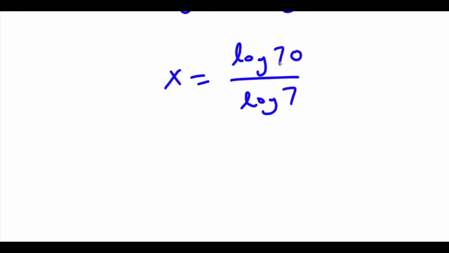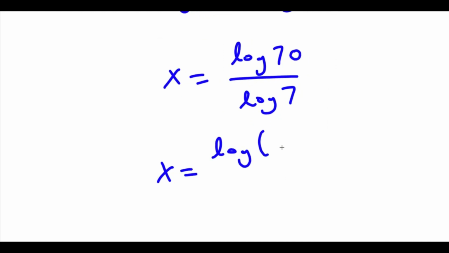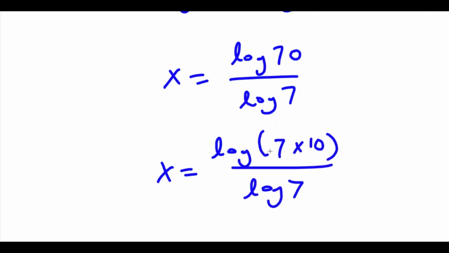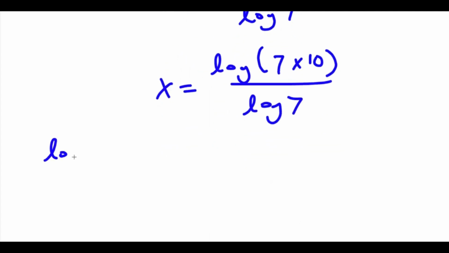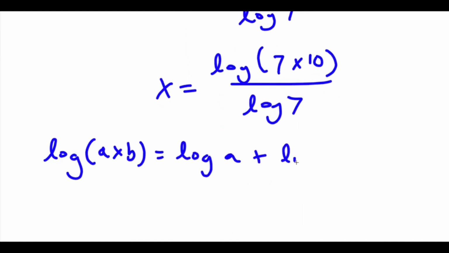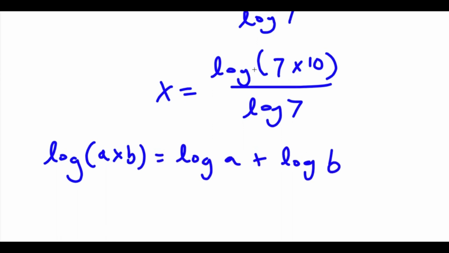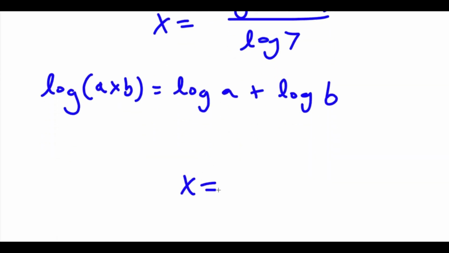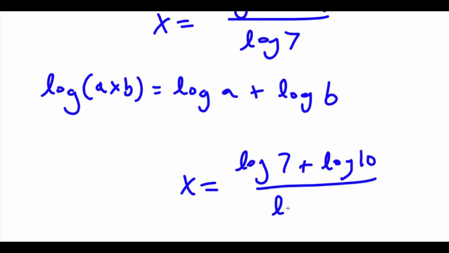Now log 70, this is the same thing as log 7 times 10. And now if I have something in the form log a times b, this is equal to log a plus log b. So in this case, log 7 times 10, that's going to equal log 7 plus log 10. Now I have this over log 7.